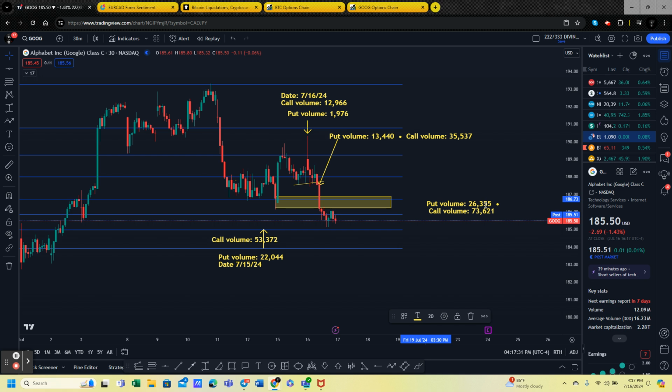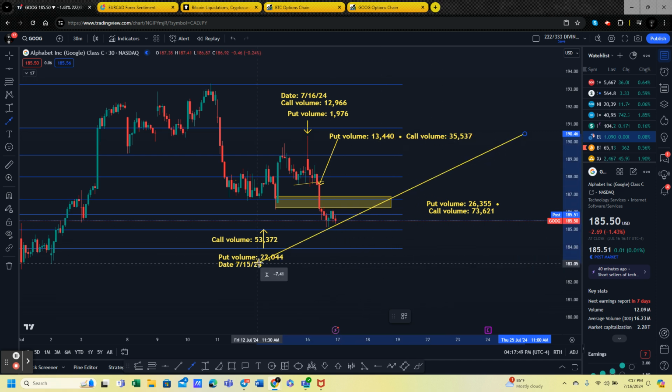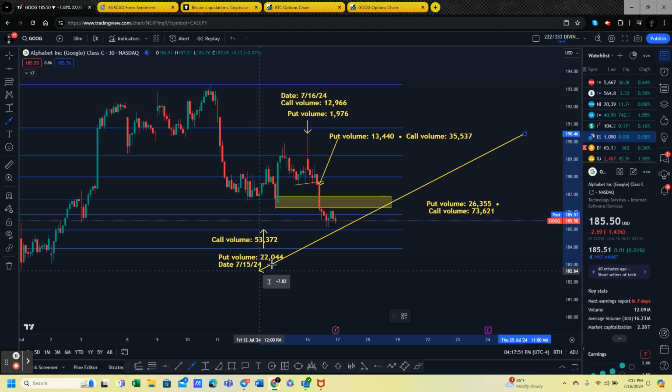Now, here's something that we can start analyzing. What do you notice? It's the highest put level that we've seen from today. It's the highest put that we were seeing even since yesterday.